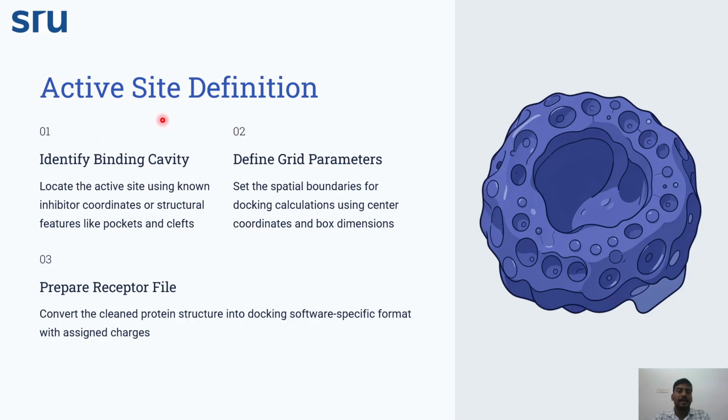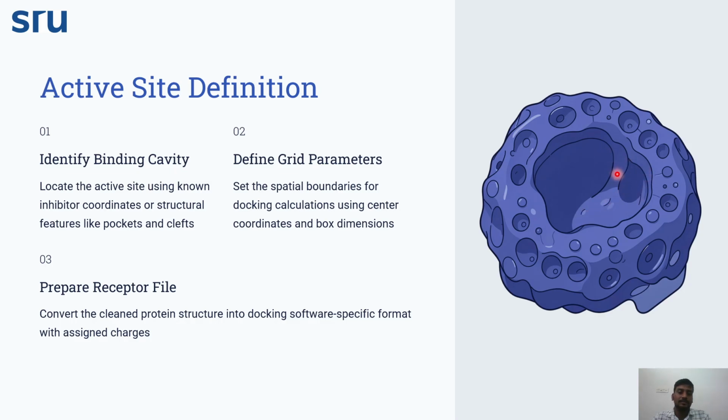Then active site definition. What is meant by active site? Let us assume this is the protein molecule, and here you can see the cavity. This cavity is where your small molecule will go and bind with the target molecule. We can call it the cavity or binding site location.